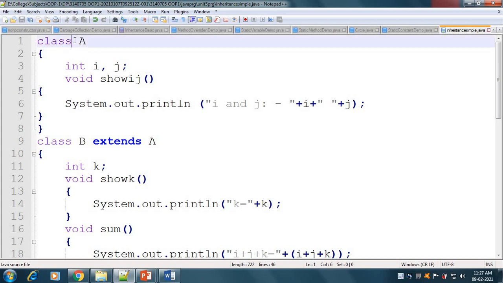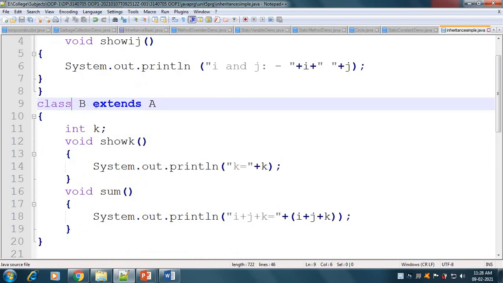Our class A is a superclass, our class B is a subclass, or we can say class A is a base class and class B is a derived class. Here class A will have some properties like integer i, integer j. There is a method showij, and it prints i and j's values.